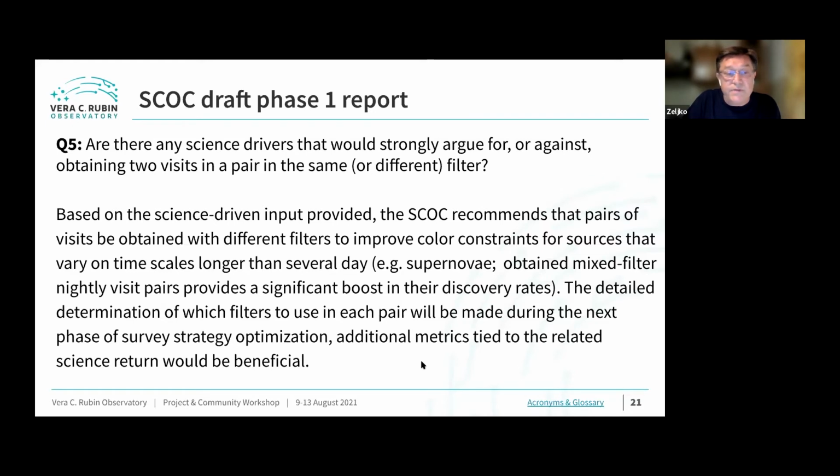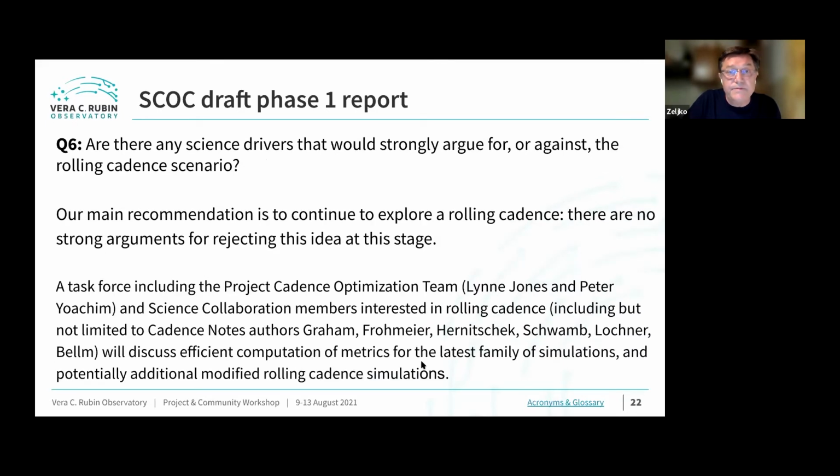And so the decision was made by the SCOC that we will use different filters for pairs of visits, and how we will combine 2 different filters is left for further optimization. But there are some good ideas already submitted in various white papers and Cadence Notes.